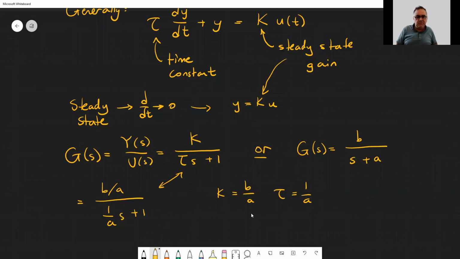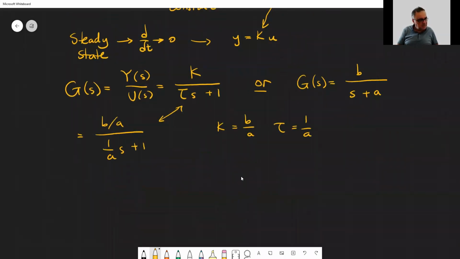So in this system, if you remember, there is a single pole, which is the solution to this denominator equation, tau s plus 1 equals 0. So the pole is at minus 1 over tau, which is equal to minus a, actually.